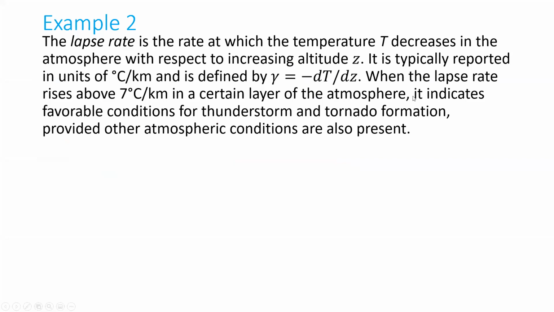So it's the negative derivative of temperature with respect to z, which is the altitude. When the lapse rate rises above 7 degrees Celsius per kilometer in a certain layer of the atmosphere, it indicates favorable conditions for thunderstorm and tornado formation, provided other atmospheric conditions are present.